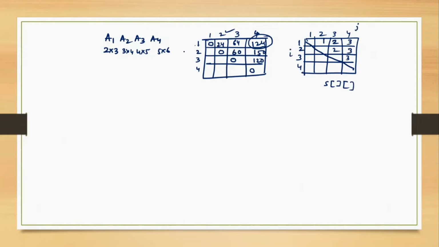So at I equals 1 and j equals 4, M of 1, 4 will give you the final result, that is 124. Here actually it is M of 1 comma n always, where n is the total number of matrices. So S of 1 comma n is getting the last value, that is S of 1, 4 is getting the last value, which is 3 here.